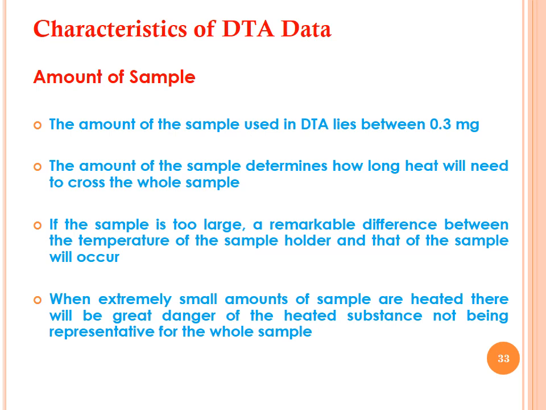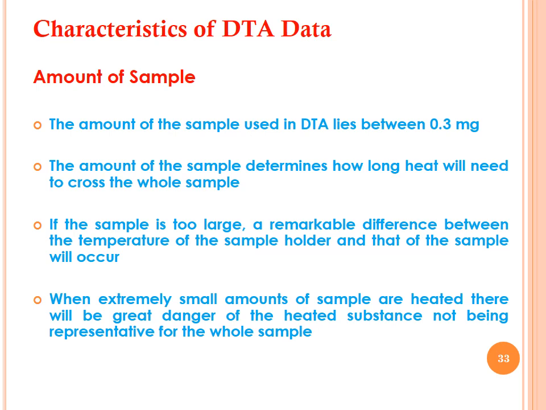The amount of sample also plays an important role in DTA data gathering. The amount of sample used in DTA lies between 0.3 milligram. The amount of sample determines how long heat will need to cross the whole sample.